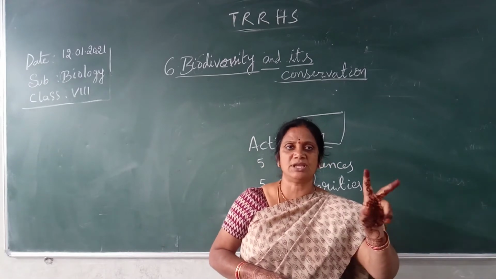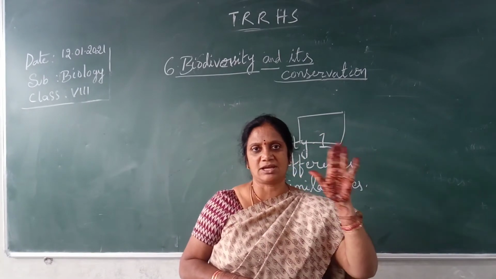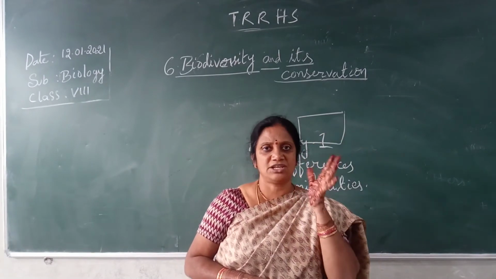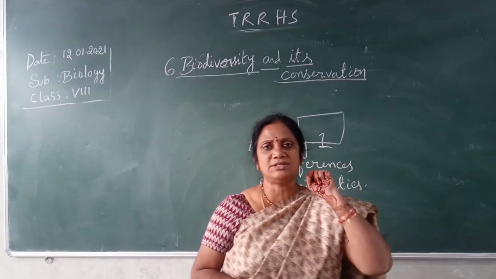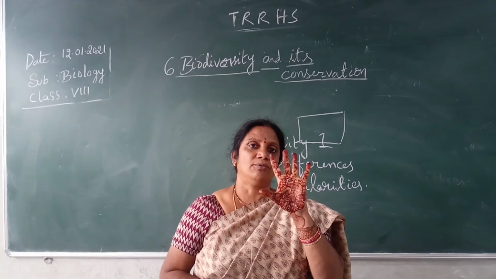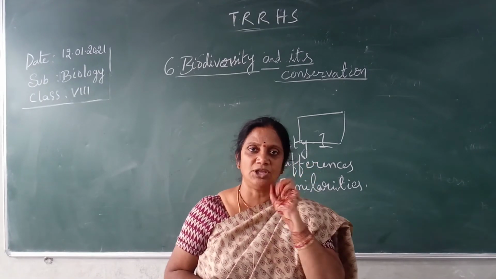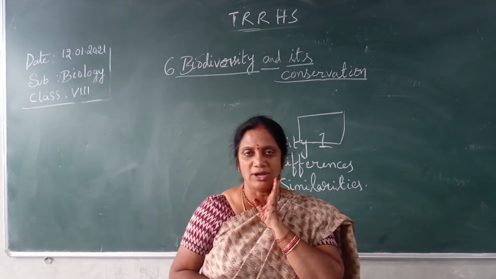Write their height and also the changes in color, complexion, texture and hair growth, any 5 differences and 5 similarities. Like that, you take one cricketer or one hero and write down 5 similarities and 5 differences.